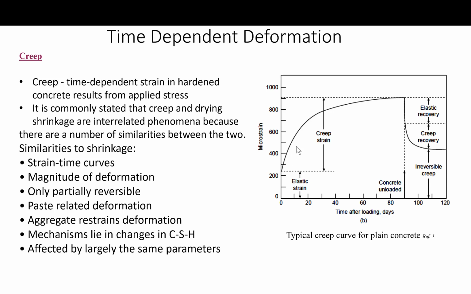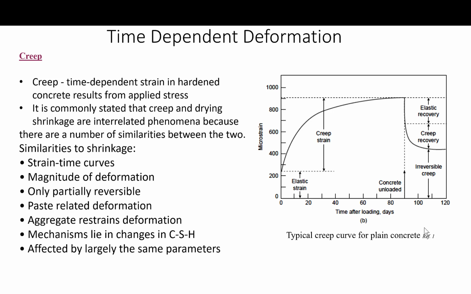This is when the concrete is loaded. When the concrete is unloaded, of course, there is a recovery of the elastic strain and part of the creep that the concrete suffered under the load. Part of the creep is irreversible, as you can see in here, okay?